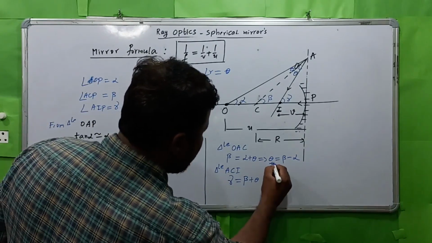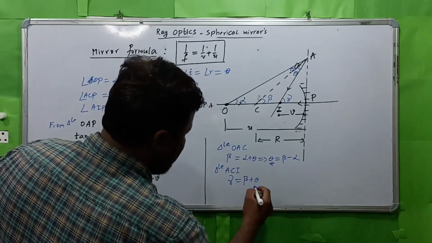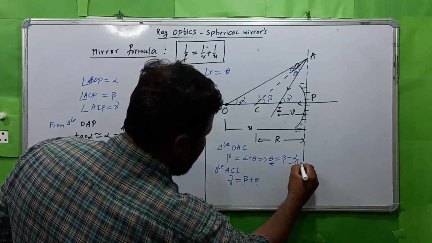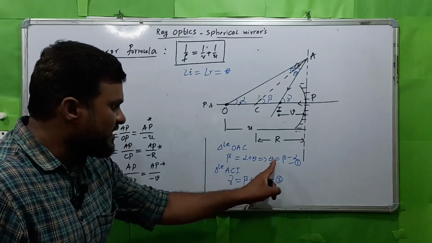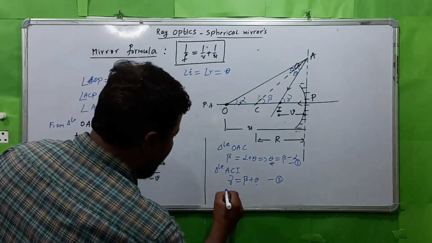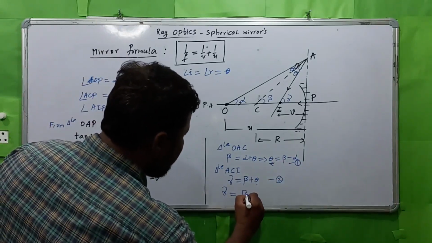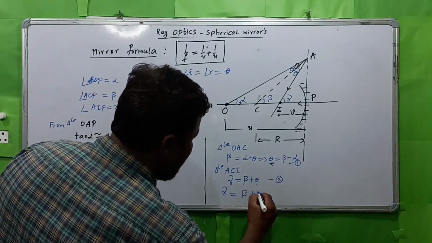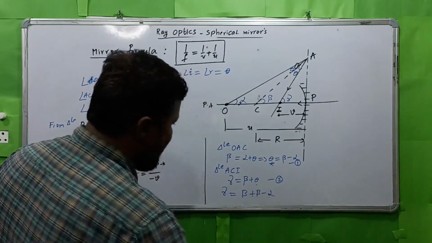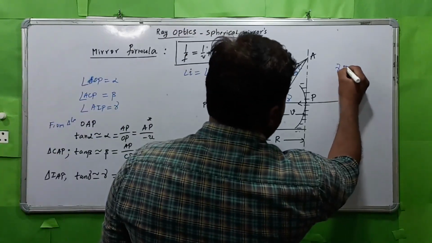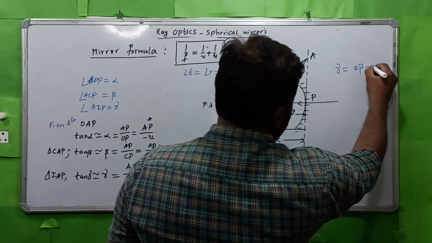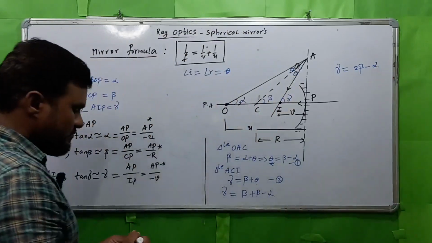Now put this theta in this equation. Suppose this is 1, this is 2. Put 1 in 2, where theta is beta minus alpha. So gamma becomes beta plus beta minus alpha, that is 2 beta minus alpha. Now gamma is equal to 2 beta minus alpha.